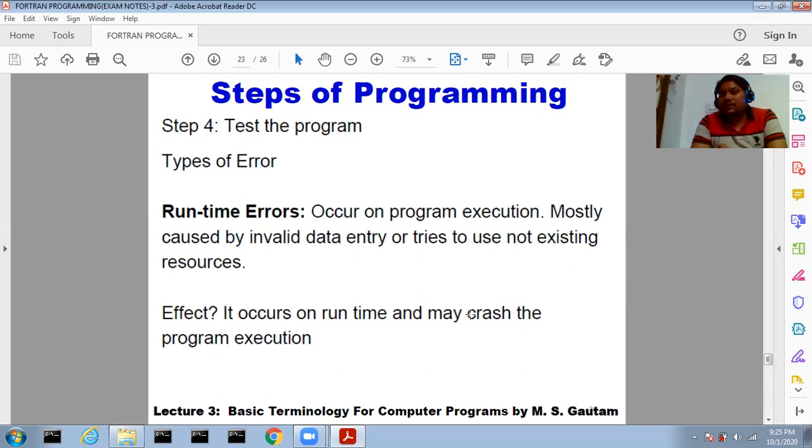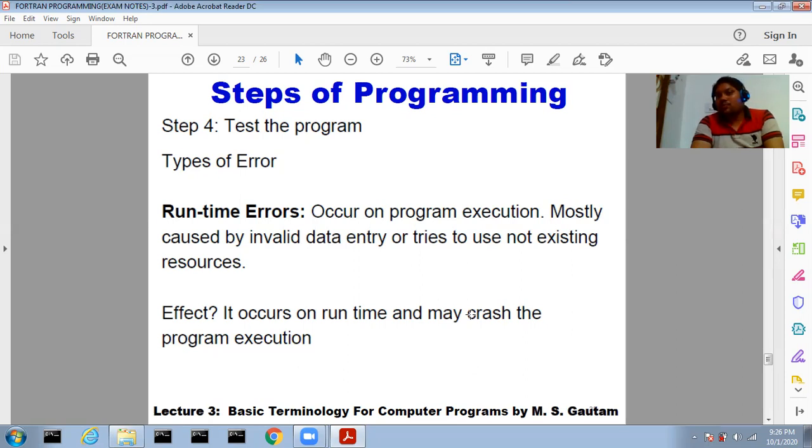When we run the program, then sometimes we encounter the error which is known as runtime error. Runtime error is generally found during the execution process, during the last step of testing of the program.